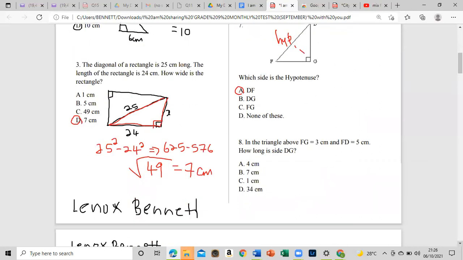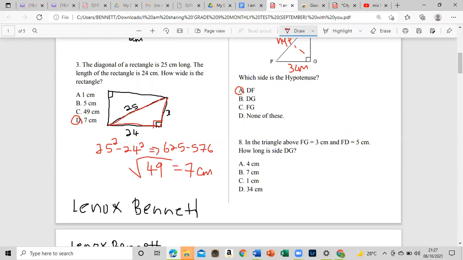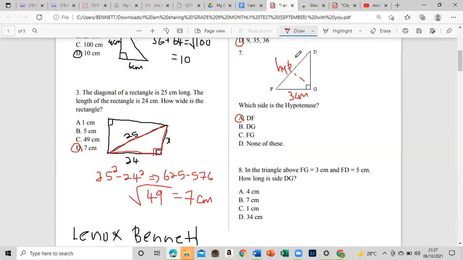Try them. Number 8: in the triangle above, which is this, FG is equal to 3. Let us put that in. FG would be 3. And FD is 5, which is the hypotenuse. And it asks us to find this side.